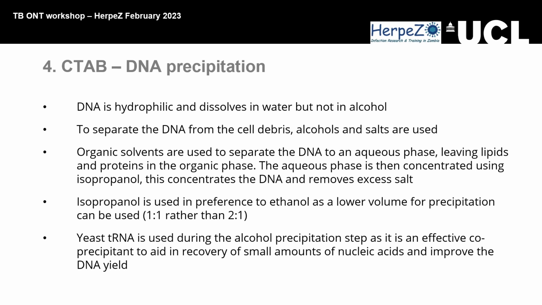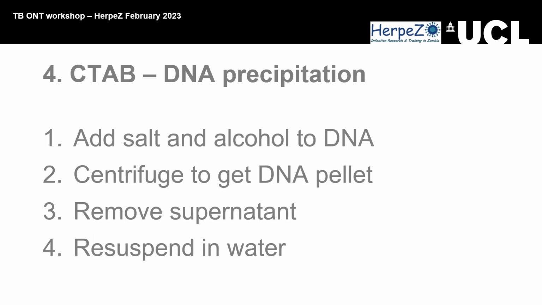Organic solvents are used to separate DNA into an aqueous phase, leaving lipids and proteins in the organic phase. If we add the alcohol, it precipitates the DNA and leaves the other things that we don't want insoluble, which we wash off.